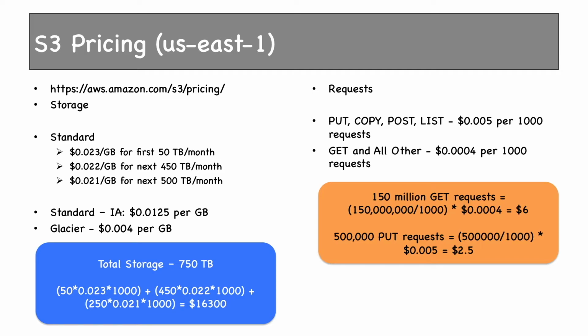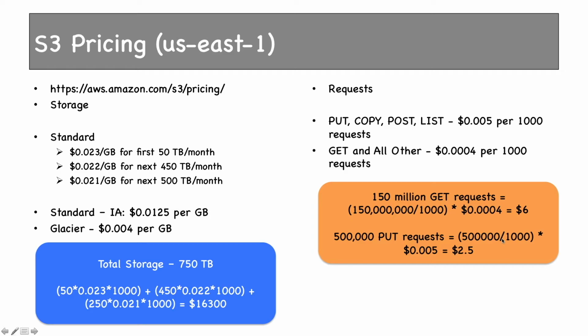So for 150 million, you'll have to pay $6, and for 500,000 put requests, you'll have to pay $2.5. As get requests are priced at $0.004 per 1000 requests, 150 million by 1000 into $0.004 comes out to be $6. Same is the case with 500,000 put requests: 500,000 by 1000 into 0.005 for put, which comes out to be 2.5.